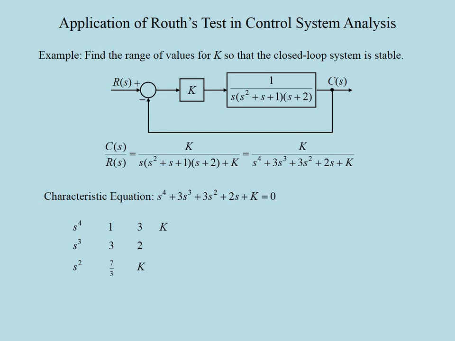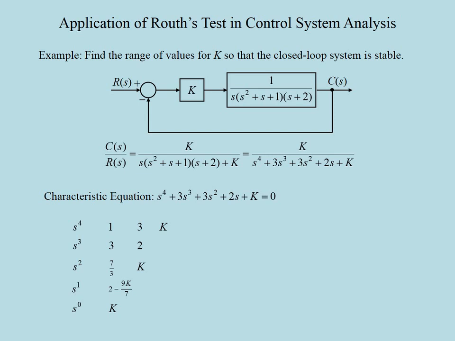And the second element is (3 times k minus 1 times 0) divided by 3, which is k. The single element in the next row will turn out to be (2 minus 9k) divided by 7, and the last row will be k.